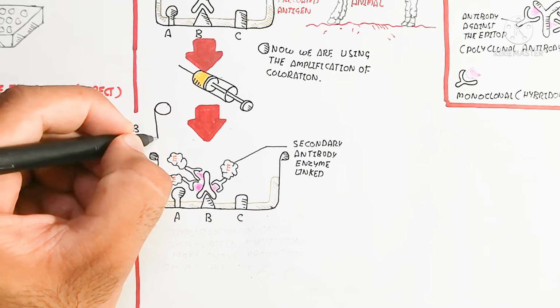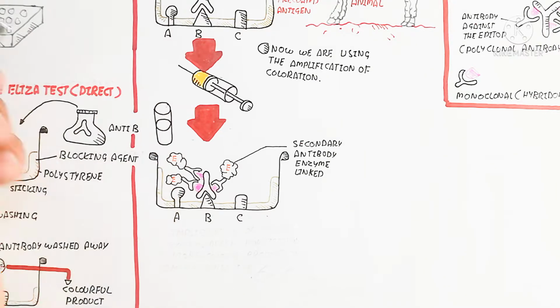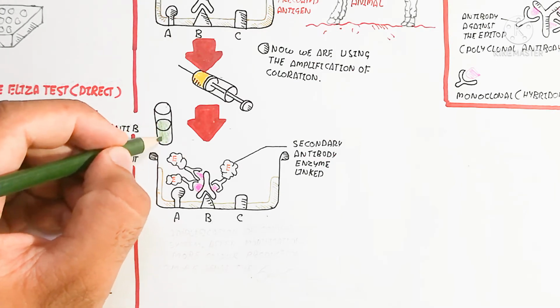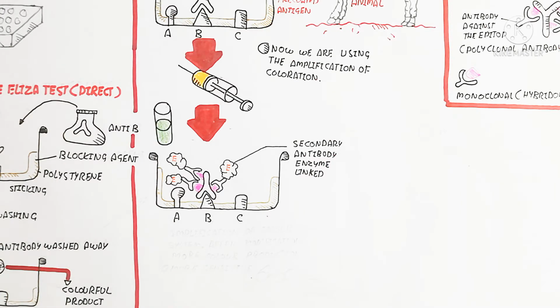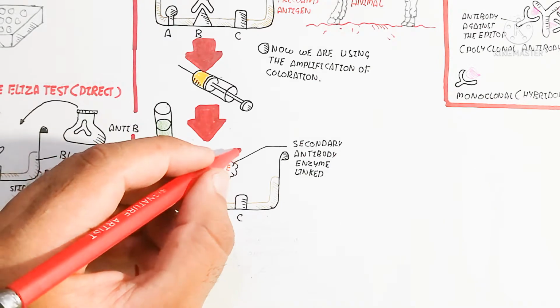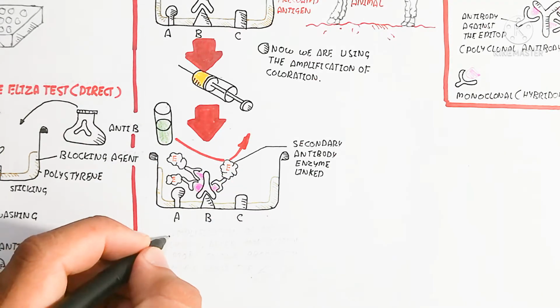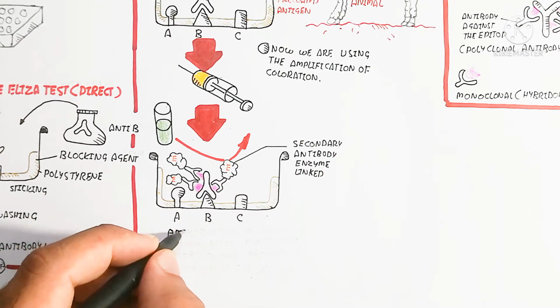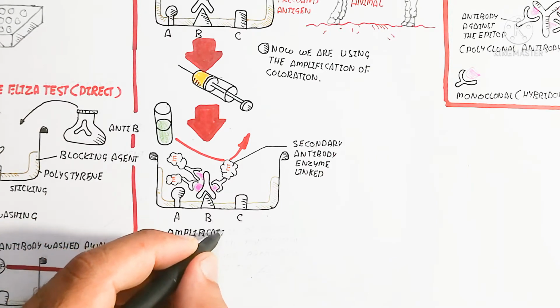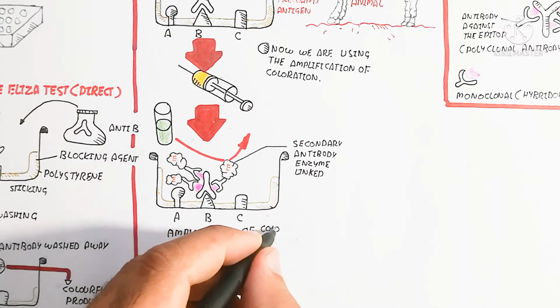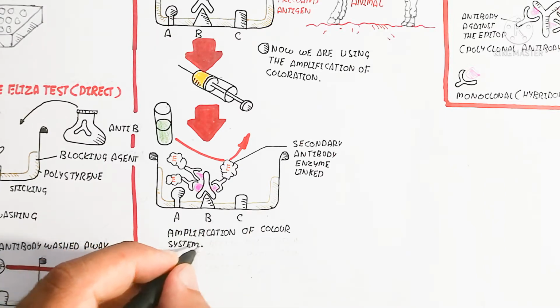So the amplification of the color system by using the substrate will be greater as compared to the single primary antibody. So that makes clear the disadvantage of the simple ELISA test is addressed in the indirect ELISA test, through amplification of the coloration.